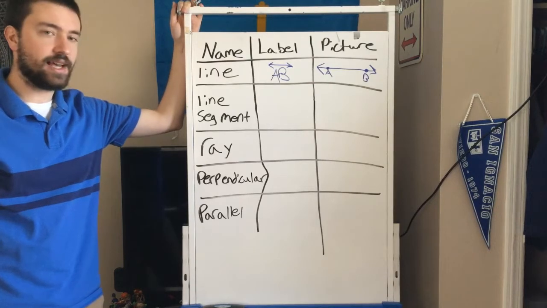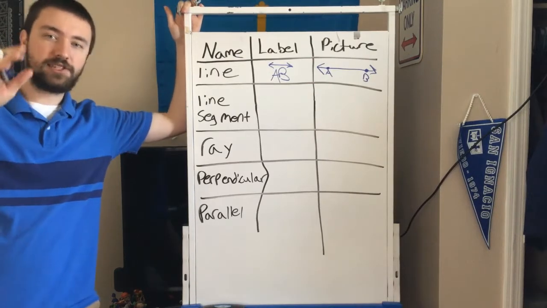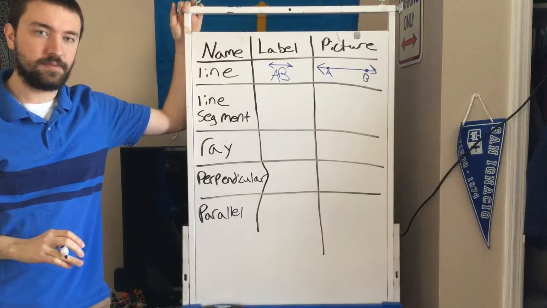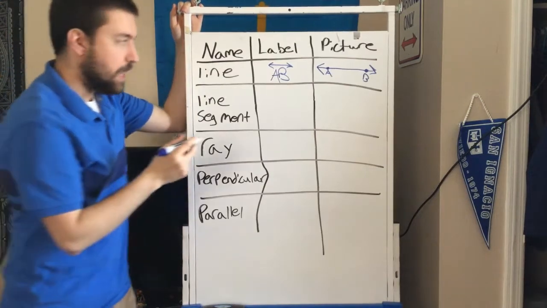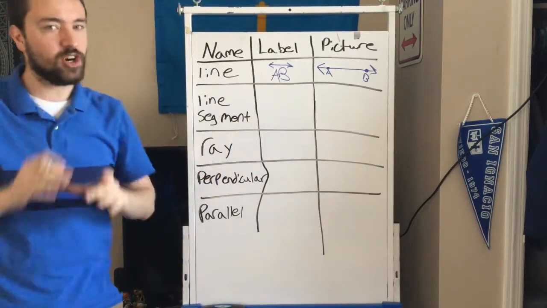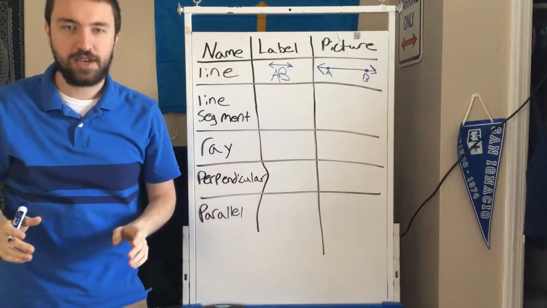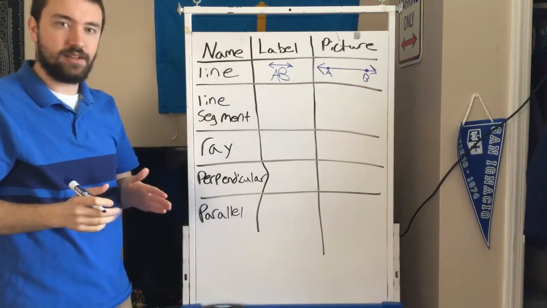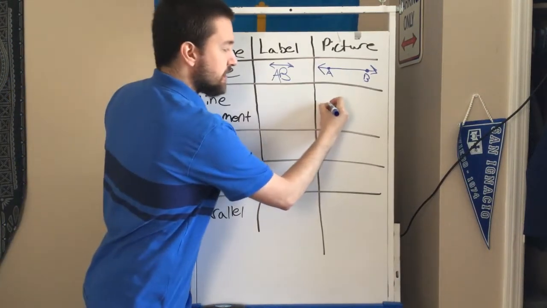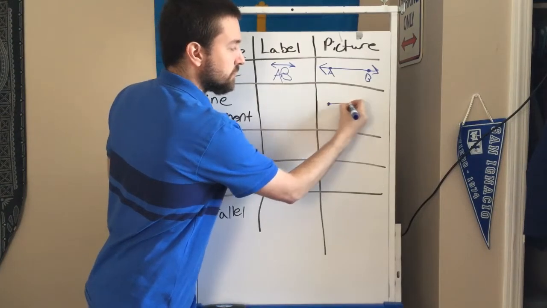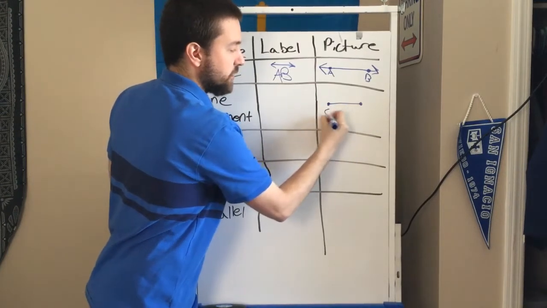Now the next is a line segment. A line segment looks like a line, but it's not, because a line segment starts and stops. It's a piece of a line. So a line segment starts at a point and ends at a point.